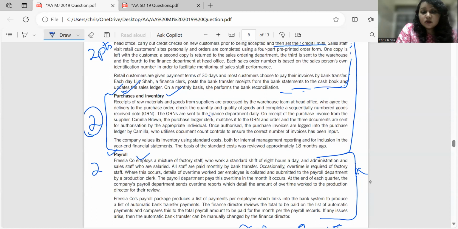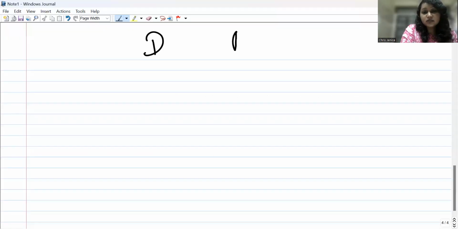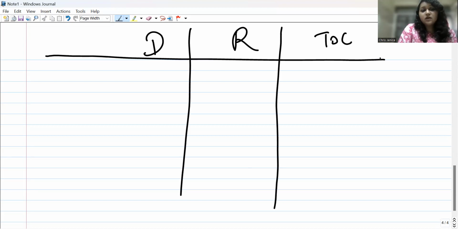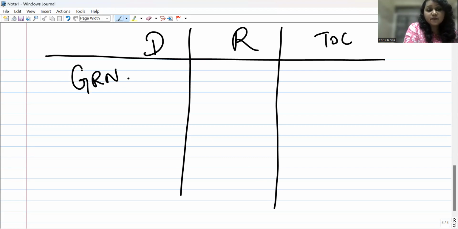Okay. Now, what do you think could be a deficiency so far from whatever we have read? So this is going to be deficiency, recommendation, and test of controls. Now, the deficiency that I have found is that the GRN is being sent only to the finance department.